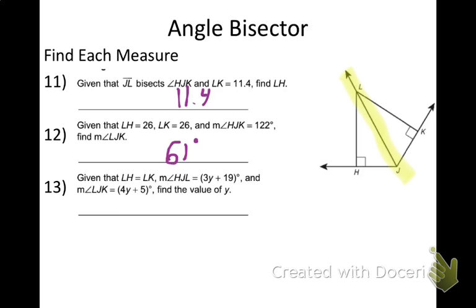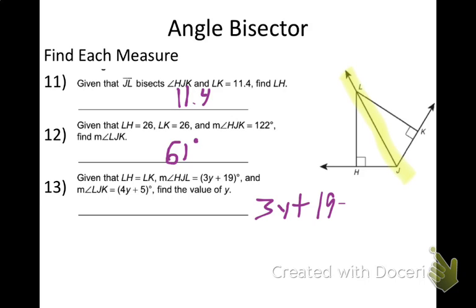And then number 13. Given LH is the same as LK, measure of angle HJL is 3y plus 19, and LJK is 4y plus 5. Find the value of y. What do you get for y, Andrew? What would you do to work it out, Andrew?